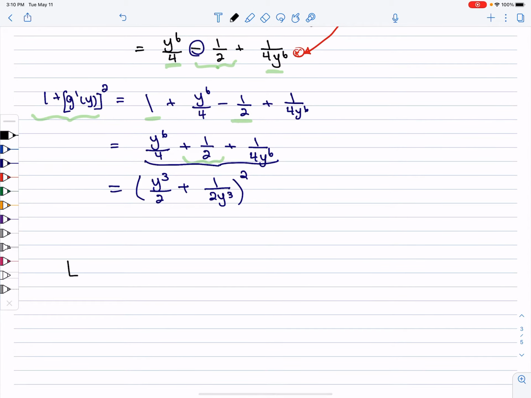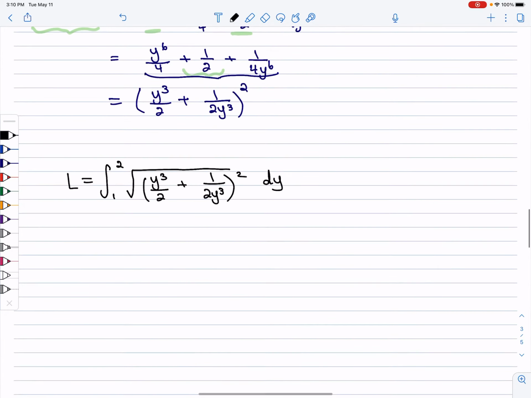So we can say that the length of the curve is equal to the integral from 1 to 2 of the square root of y cubed over 2 plus 1 over 2y cubed squared dy, which is equal to the integral from 1 to 2.